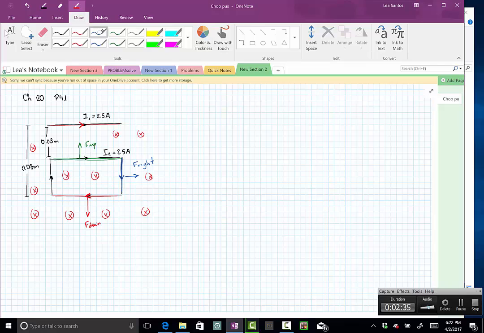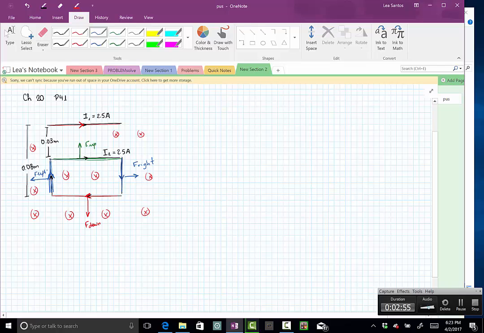Now let's go to the last piece of this loop, where the current is going up. Using the right-hand rule again, current going up and field into the page, we have a force to the left.